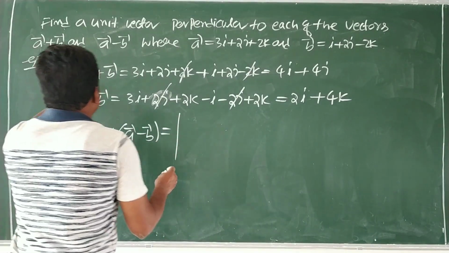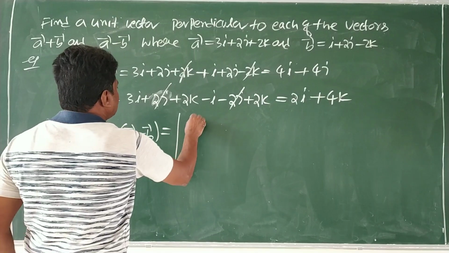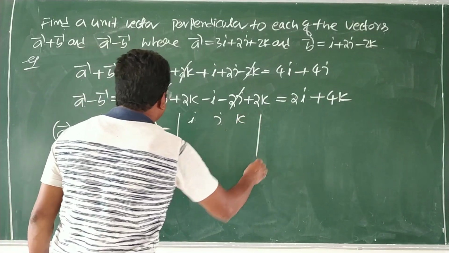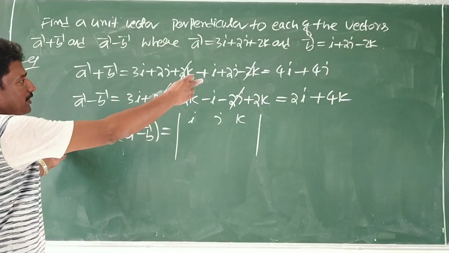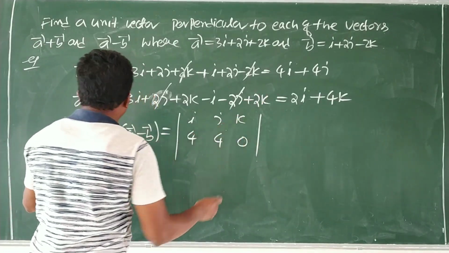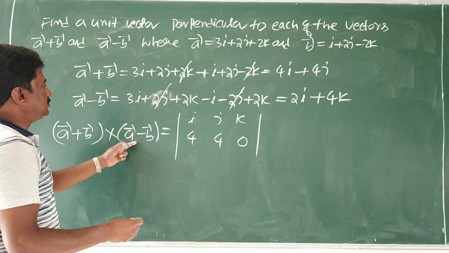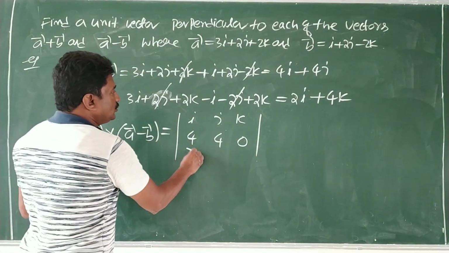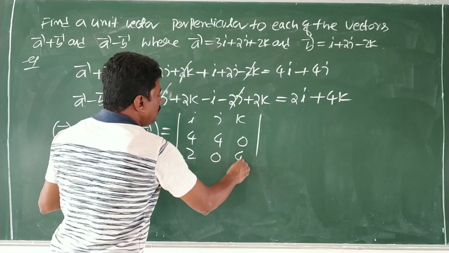So right, next, i j k. Tell me components of a plus b: 4, j 4, no k term, 0. Components of a minus b: 2, no j term, k 4.